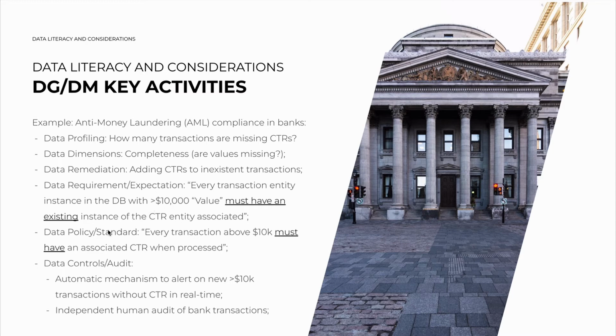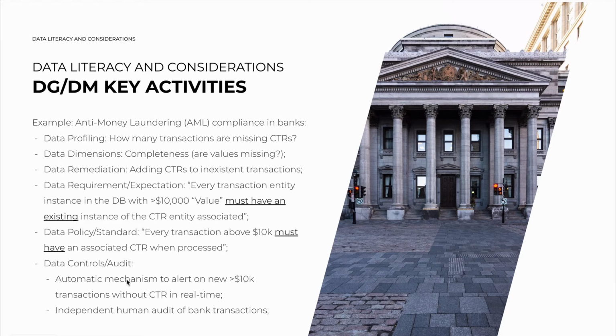Then, the policy or standard. Every new transaction above $10,000 in the future that is processed must have an associated CTR when processed, otherwise a flag is raised. And then the data controls and audits can be the following.